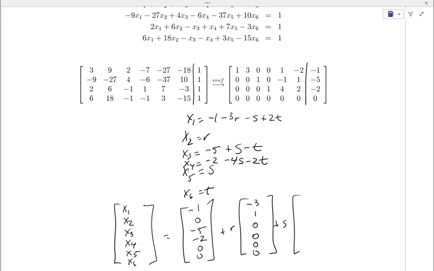Your s times -1, 0, 1, -4, 1, 0. And your t times 2, 0, -1, -2, 0, 1. Right? This is the part that doesn't have any variables associated with it. These are your coefficients on the r all the way down. These are the coefficients on your s all the way down. These are your coefficients on the t all the way down.